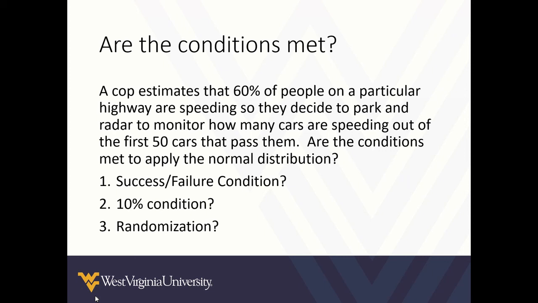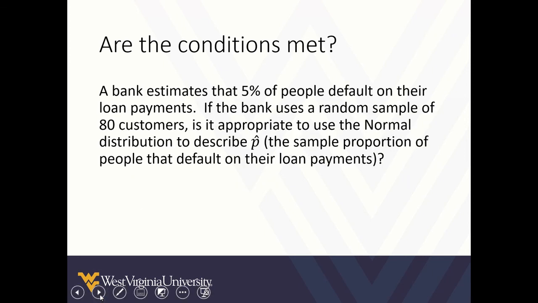This is the condition I personally have problems with in this case, examining the first 50 cars that pass them. If we're considering rush hour, when we're in bumper-to-bumper traffic, we're not going to get an accurate image of the number of people who are speeding at, say, 3 o'clock in the morning when no one else is around. So I personally feel that the randomization condition was not met in that case.